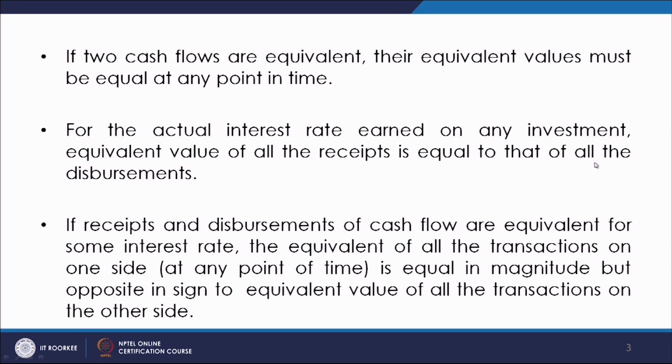Now, the third point is that the receipts and disbursements of a cash flow are equivalent for some interest rate. The equivalent of all the transactions on one side at any point of time is equal in magnitude, but opposite in sign, to the equivalent value of all the transactions on the other side.